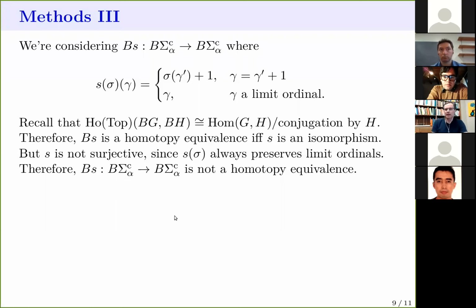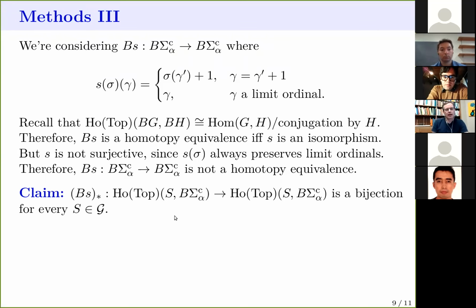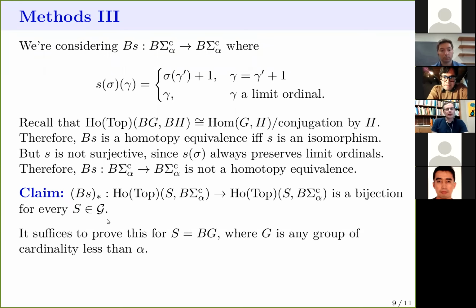Okay, so that's good. Now the claim is that when we test this map using things in our given set, it will produce a bijection. In order to check this, it's enough to check it for classifying spaces of groups whose cardinality is less than alpha. That's because we're mapping into a one type, and any map from a space to a one type will factor through the one truncation of the space. Also, if the space is disconnected, it's enough to check it on the components, so we can assume it's connected.